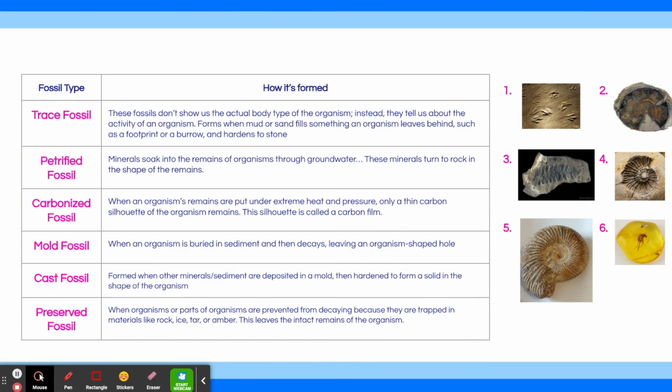So here's the full table. The first was trace fossil, second petrified fossil, third carbonized fossil, fourth mold fossil, fifth cast fossil, and sixth preserved fossil. Fossils are different because they were formed in different ways. You should know the basic processes of formation of these 6 types of fossils.